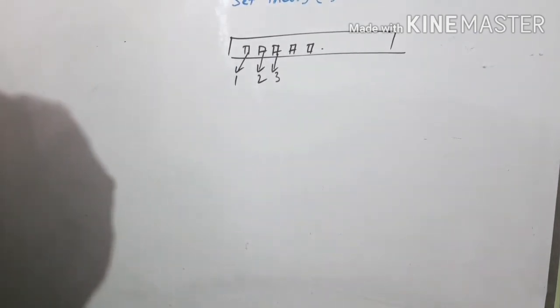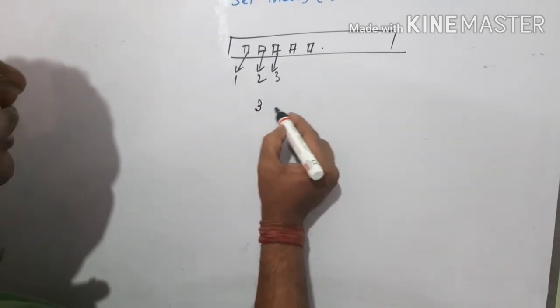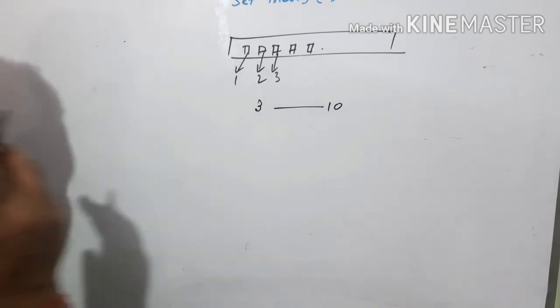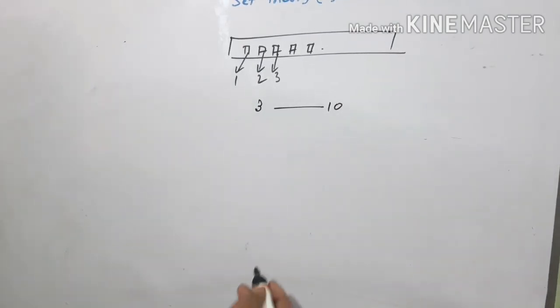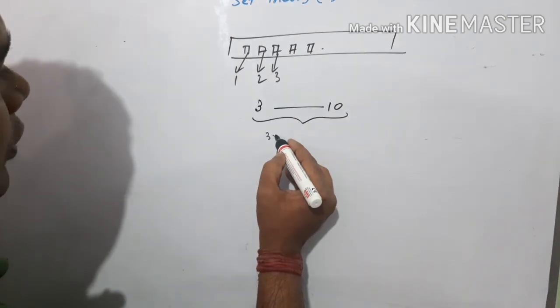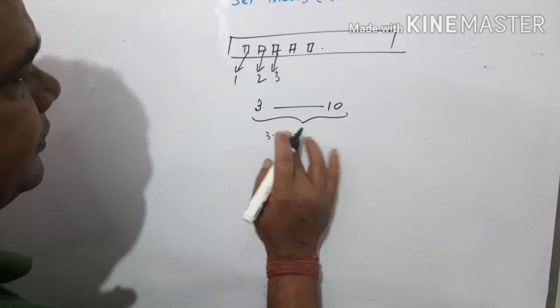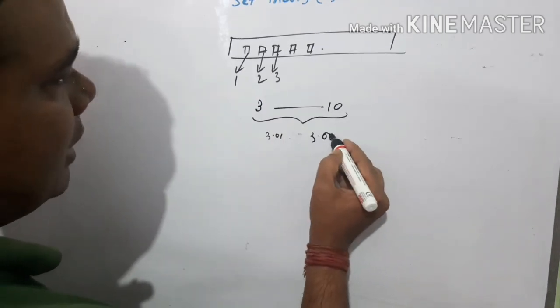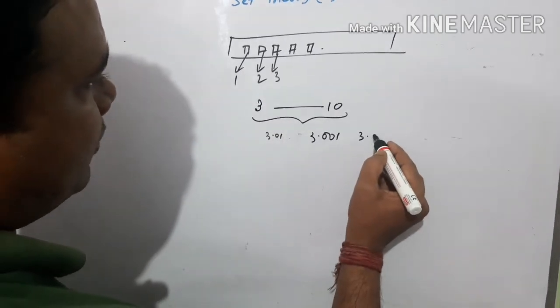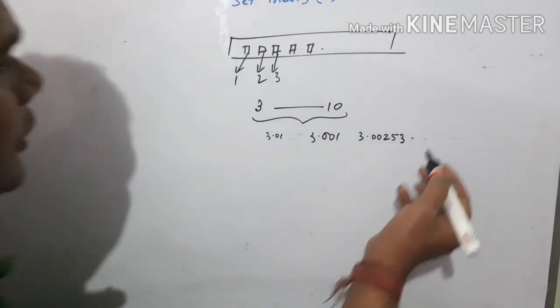But if we consider a set of temperatures, let us suppose the temperature has risen from 3 to 10 degrees Celsius, and we are asked what the possible values of temperature are. It can be 3.01, it can be 3.001, it can be 3.00235, and so on.